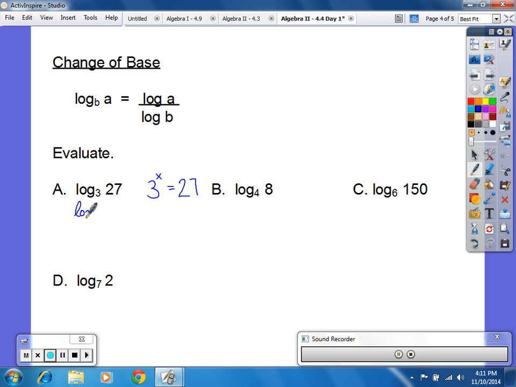I would type on my calculator the log of 27 divided by the log of 3. Type that with me, please, on your calculator. The log of 27, you probably have to close up the parentheses around the 27, divided by the log of 3. And when I hit equals, it tells me that this is equal to 3.